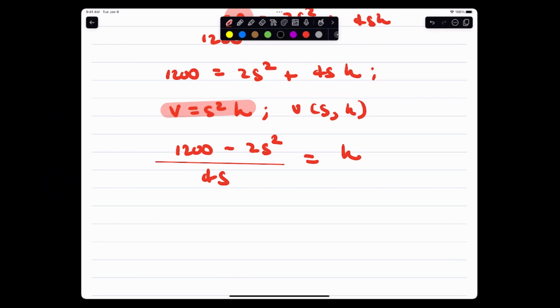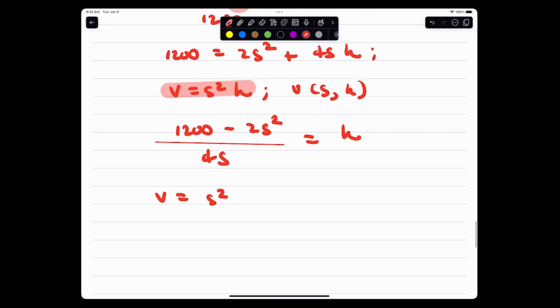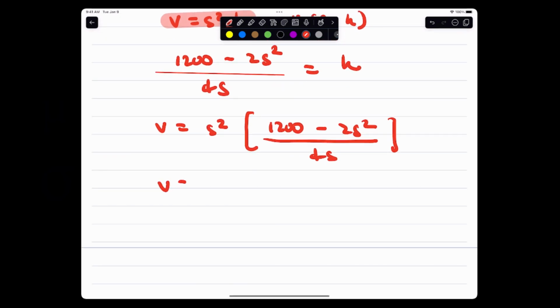So using this, I hope it's not screwed up. Let's see. S squared, what is H? 1,200 minus 2S squared over 4S. So that my volume will be S over what? 1200 over 4. Just an S over 2S.